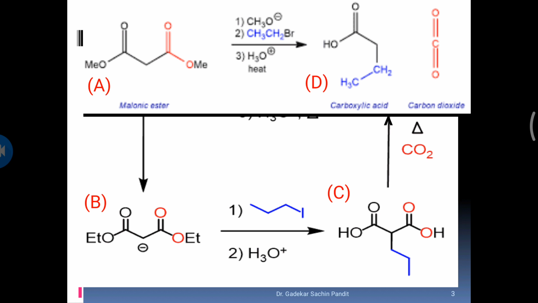Mechanism of the second reaction: first, compound A, malonic ester, reacts with methoxide to form compound B, the enolate of malonic ester.